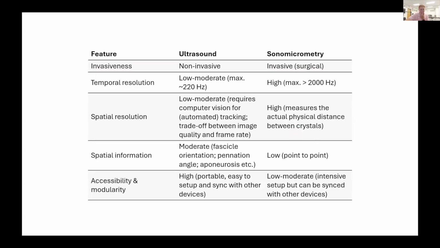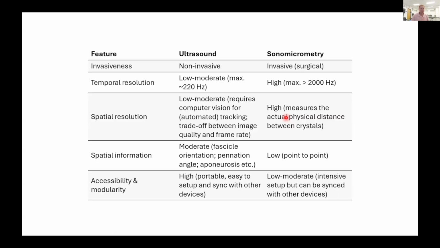And I guess to wrap up, I'll list some advantages and disadvantages of ultrasound compared with, say, sonomicrometry, where we're instead surgically implanting two sensors along the length of a fascicle to make fascicle length measurements.